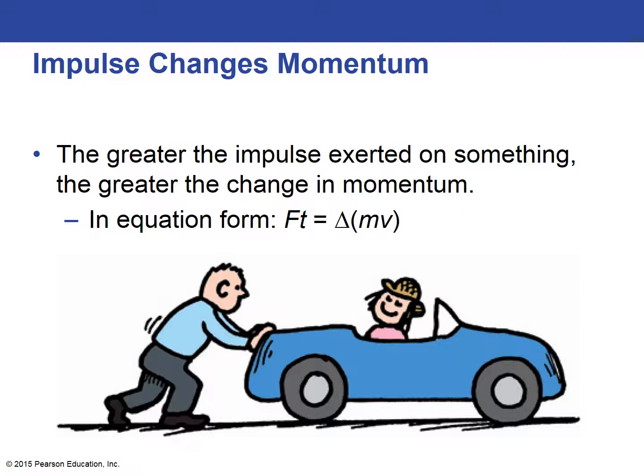So if the gentleman is applying, for example, 400 newtons of force, but the car has a frictional force that is retarding the motion by 200 newtons, then the net force on the vehicle will only be 200. And in some cases, the frictional force could be as large as the applied force, and of course, in that case, the car will not move at all.